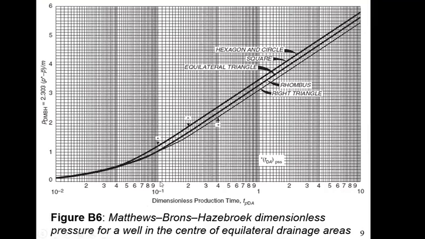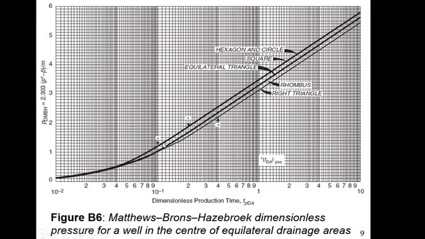So I think the value obtained then was 0.1117. This is 1 and this is 0.1. So you're entering at somewhere here.